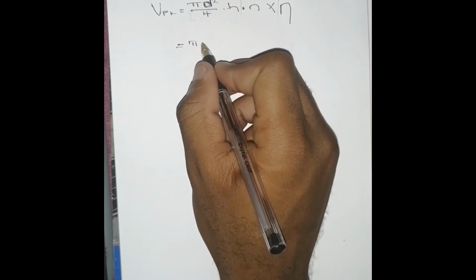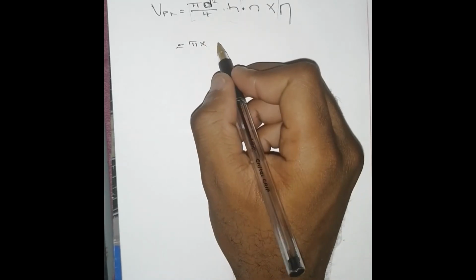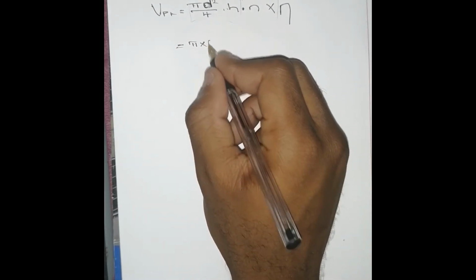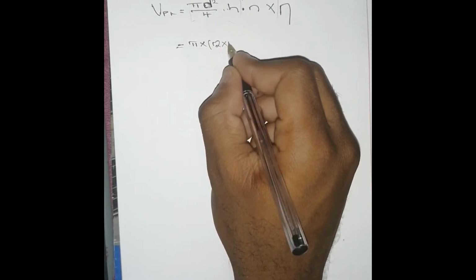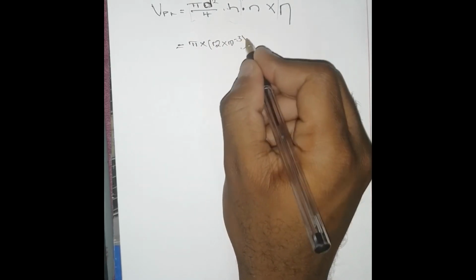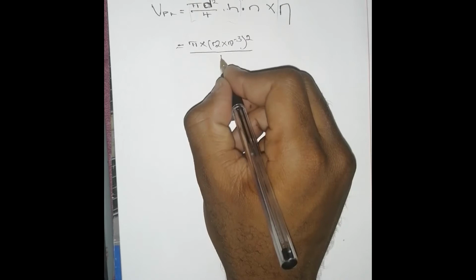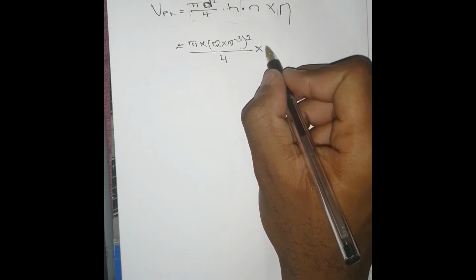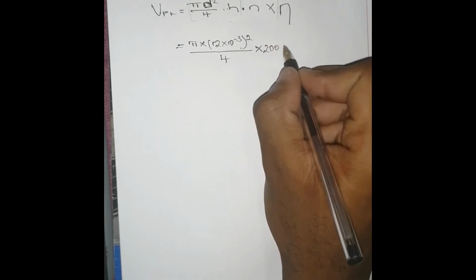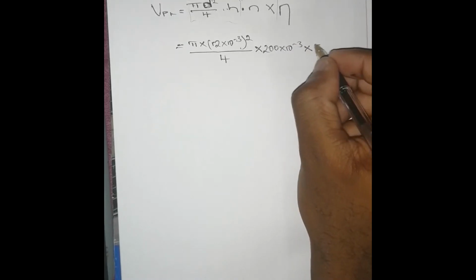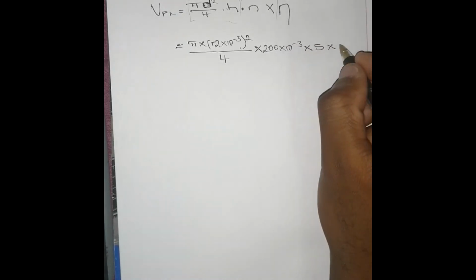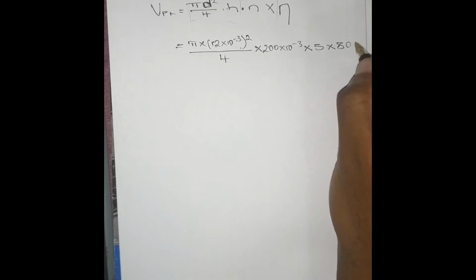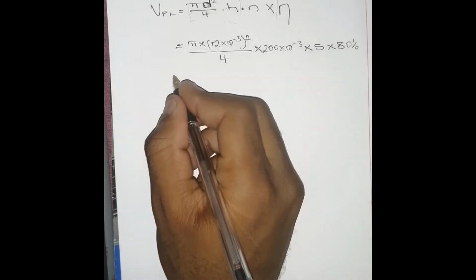It's going to be pi times the diameter of the plunger, which is 12 millimeters times 10 to the power negative 3, all squared over 4 times the stroke length, which is 200 millimeters, 200 times 10 to the power negative 3, times the number of strokes, which is 5, times the efficiency of the internal operation, which is 80%.